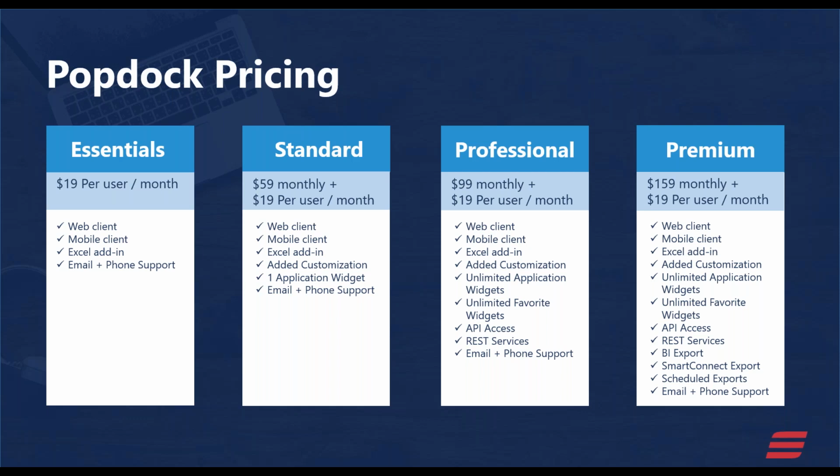And as you can see, we go up and up for Professional and Premium, but basically you have a lot of the same functionality. When you're looking at adding more of those REST services or the BI export, connecting it to Smart Connect, another one of our products as well, then I would suggest going with the Premium one, but lots of different options there for you.